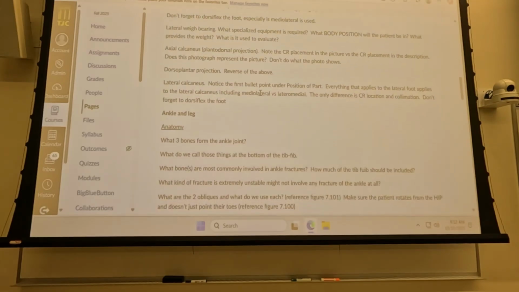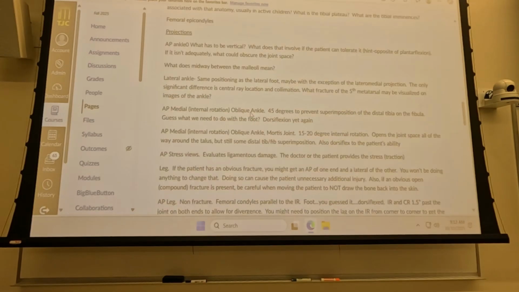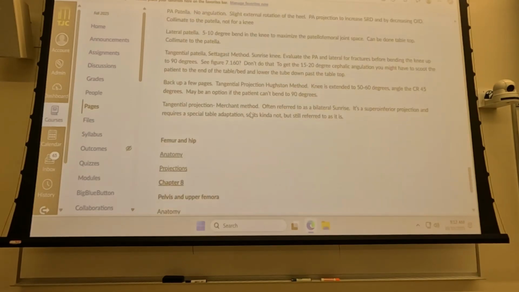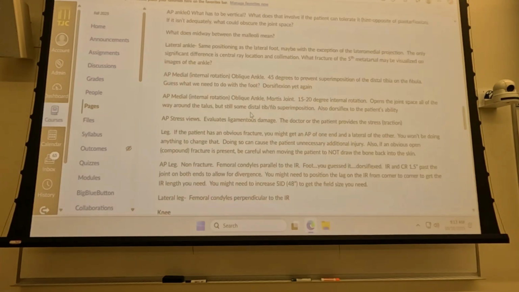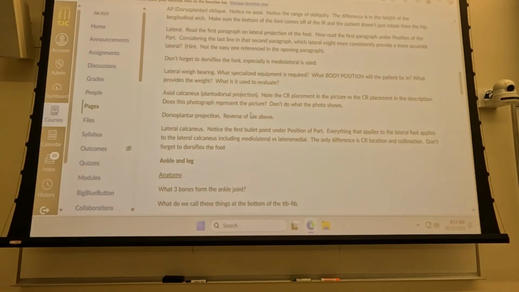So I did also... the colors did not translate, it looks like, but I put some things in red that are must-know information. I don't mean for the test, I mean for clinical practice.